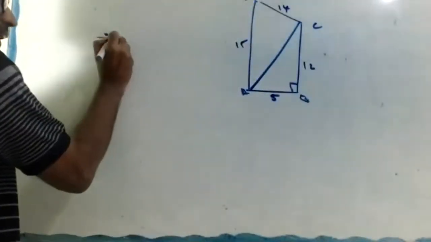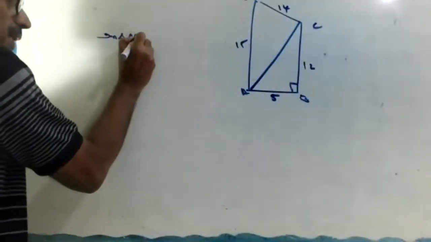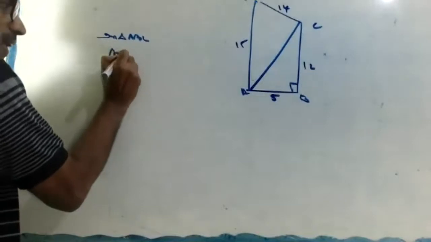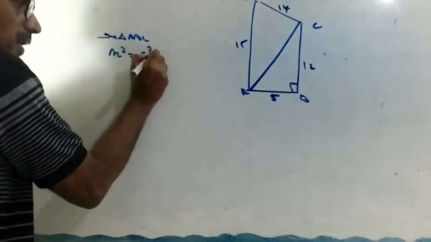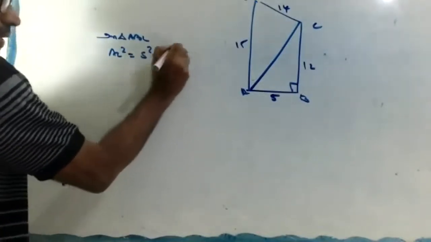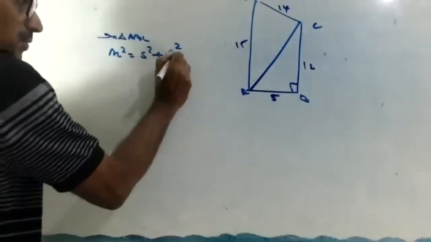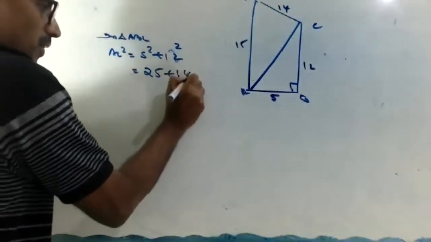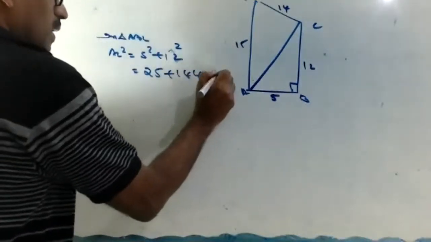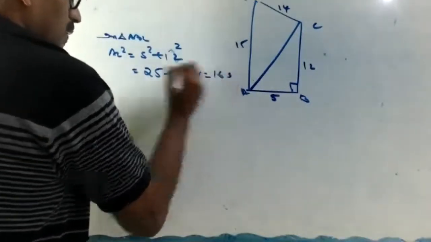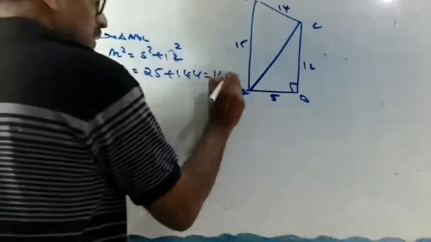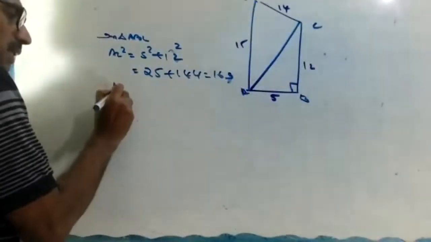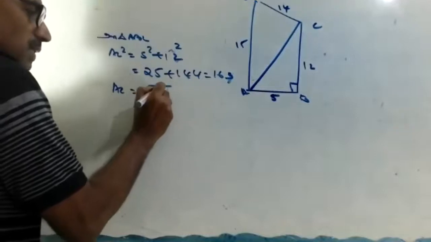Now in triangle ABC, AC square equal to 5 square plus 12 square. That is 25 plus 144 equal to 169. So AC equal to root of 169.